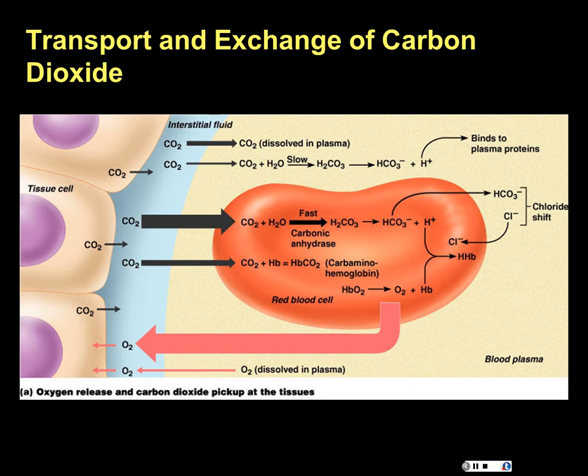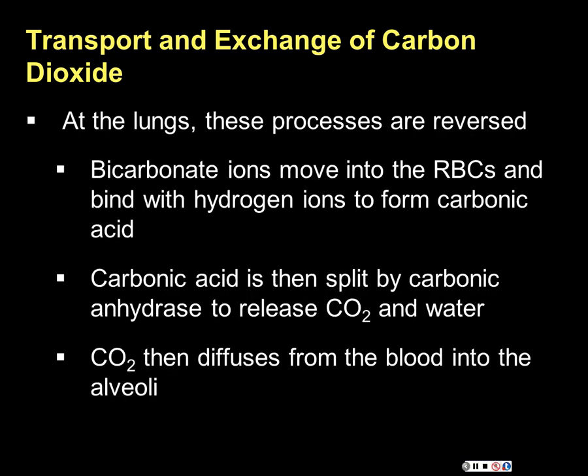The next image that we have in your handout is just the reversal at the pulmonary capillaries. And so as we identified as well, everything's reversed. If bicarbonate ion goes back into the red blood cell to enhance its conversion back to carbon dioxide, we've got to do what's called the reverse chloride shift.